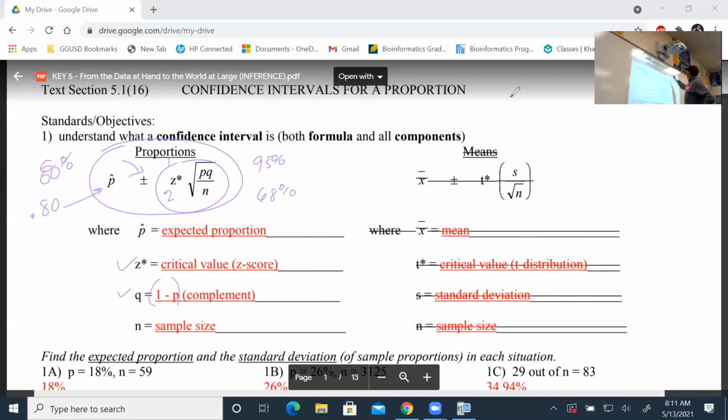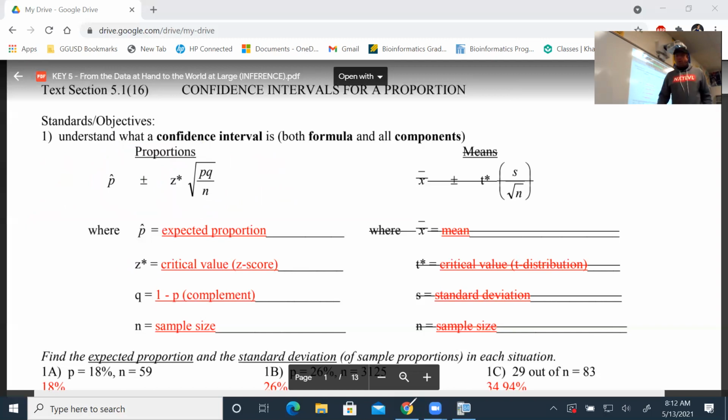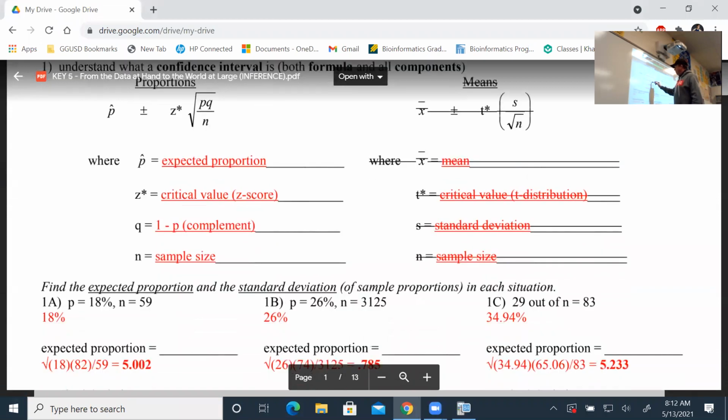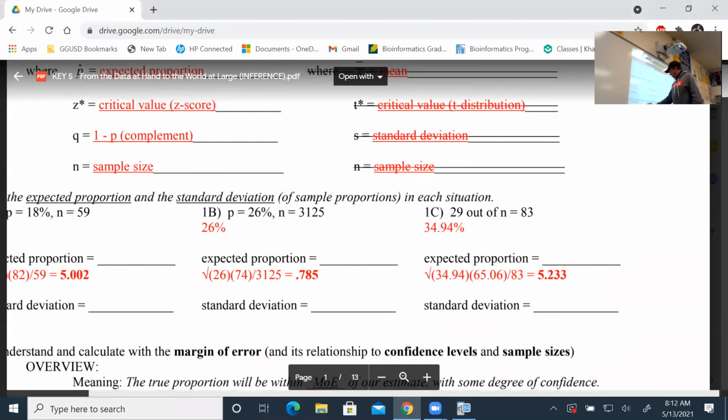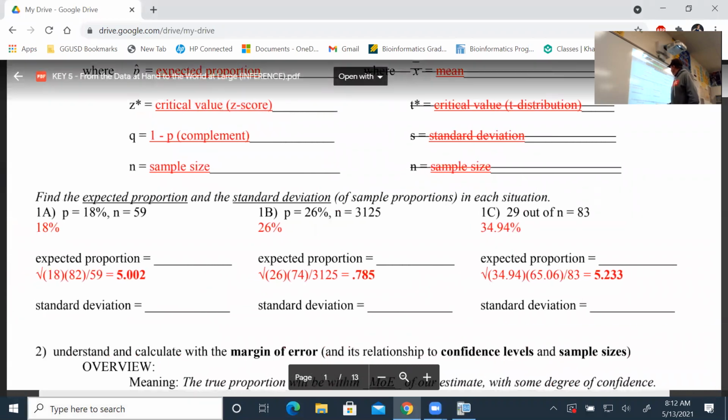Okay. Let's check it out here. So let's go to the next thing we're going to do. Let me slide this down a little bit. Slide this over. There we go. Find the expected proportion and the standard deviation of the samples. No problem. This is just a simple activity to get you going on this.